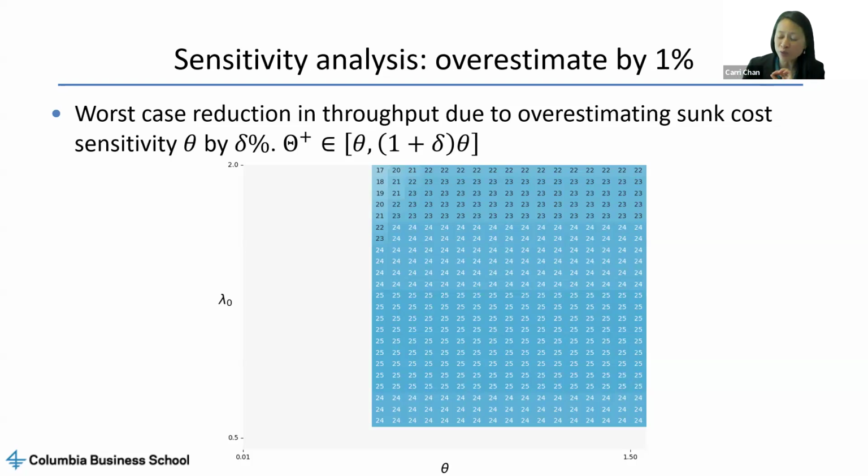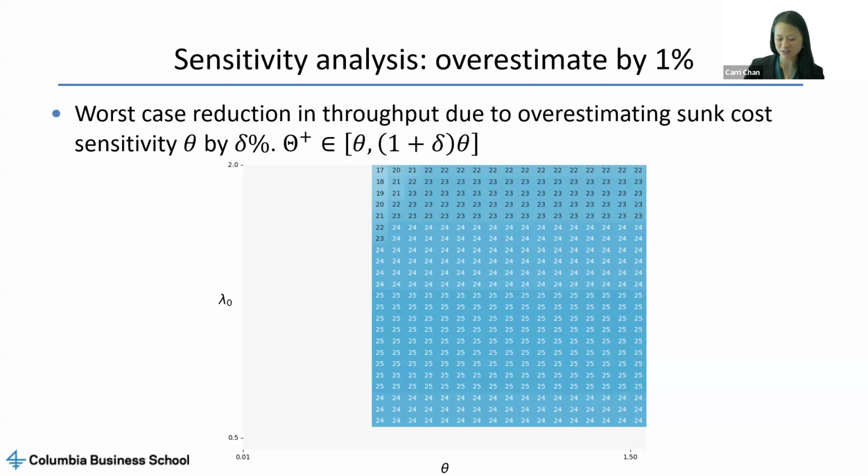And so here it's only a 1% overestimate. So it's very, very small, but the actual reduction in throughput can be huge, up to 25% reduction. So you need to estimate this parameter well.